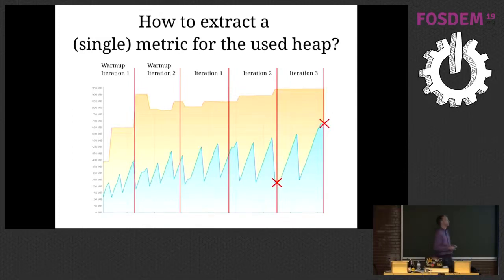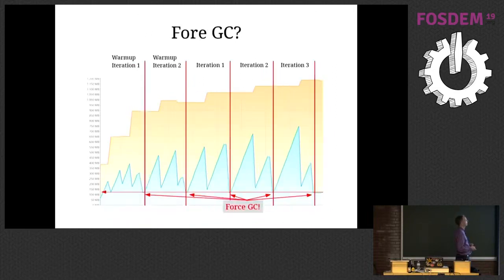So one idea you might have is to force garbage collection after each iteration. I fill the data structures, do some warm up, then force the garbage collector, and take a look at what's left on the heap. Then we have a consistent metric for the heap space.